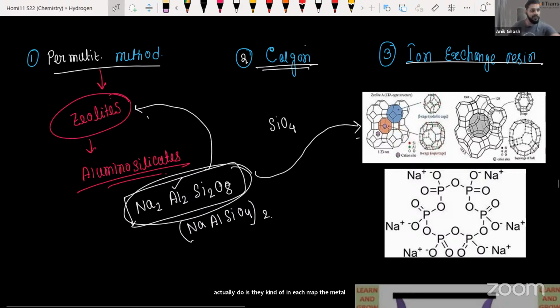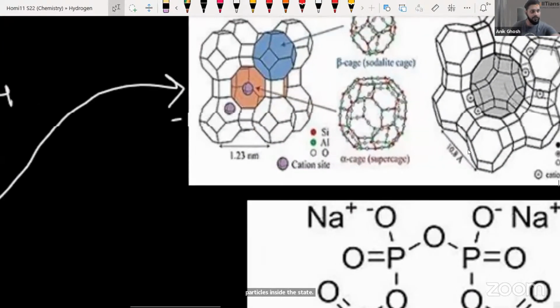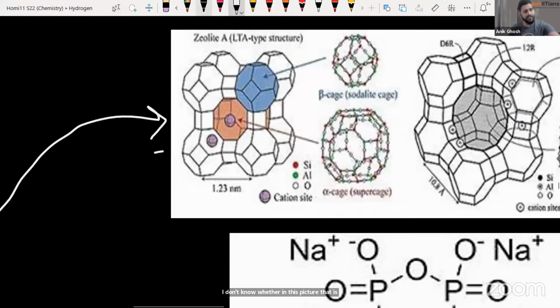As you can see over here, this is one zeolite structure. The zeolites entrap the calcium metal ions inside the cavity of this cage, and they specifically take out the calcium from the entire solution.